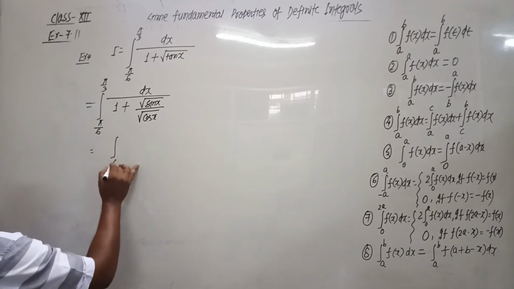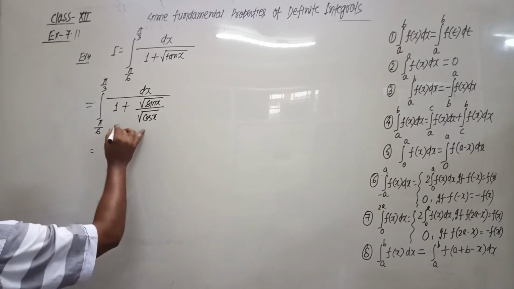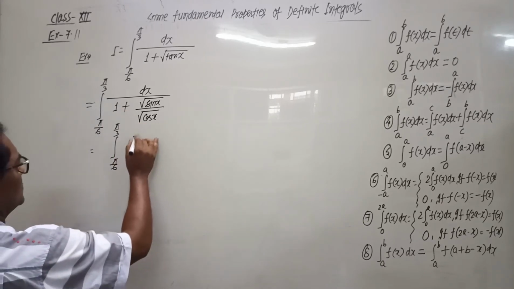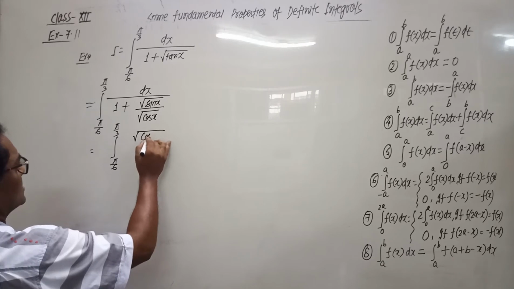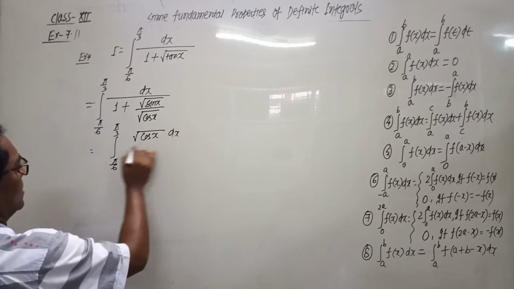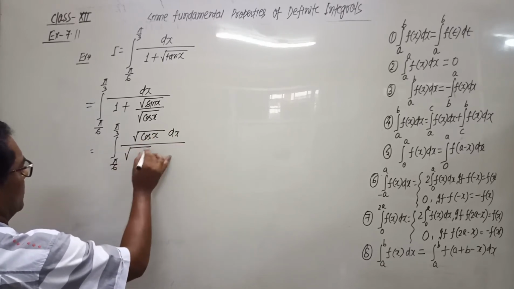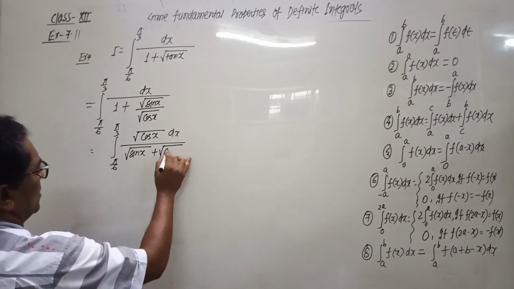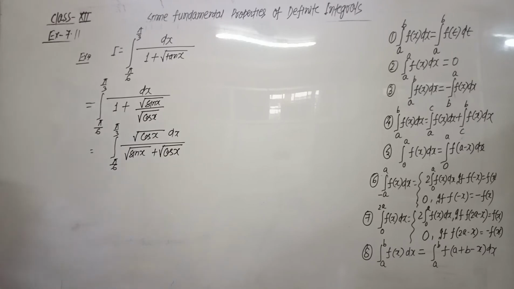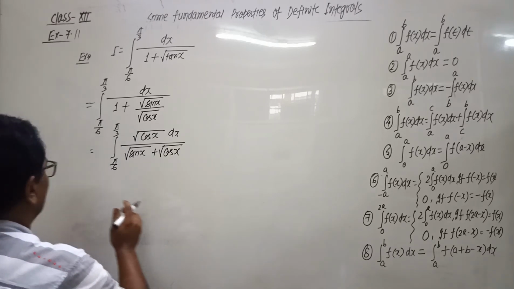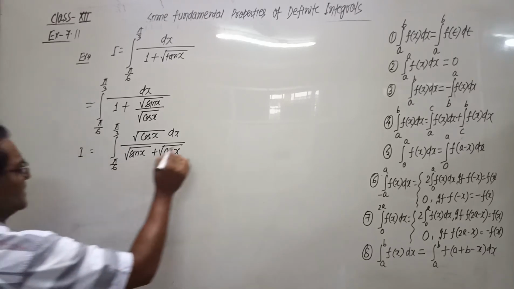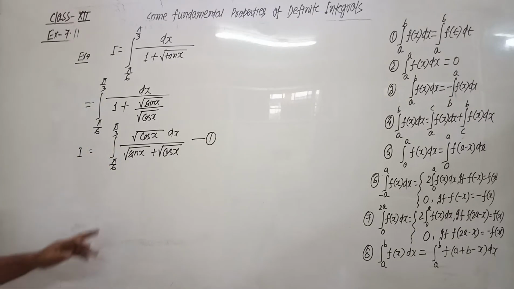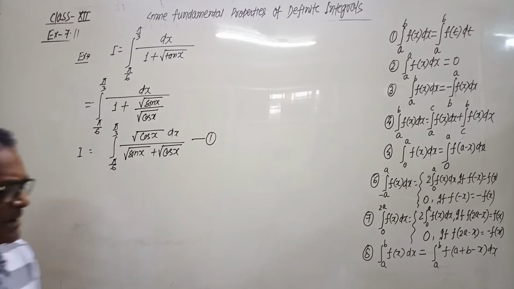Then integration pi by 6 to pi by 3. By taking LCM, it comes root of cos x dx upon root of sin x plus root of cos x, and name it first equation. Then use property number 8.